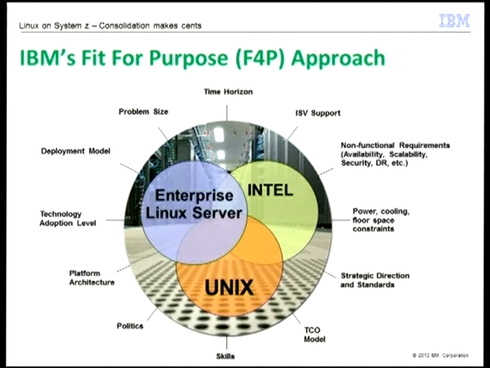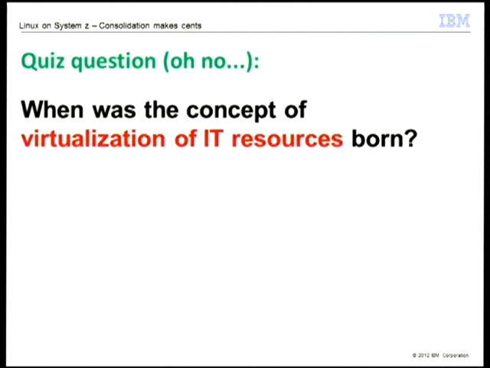IBM offers something we call the ELS, the Enterprise Linux Server, which is a Linux-only mainframe, much less expensive than a mainframe running the z/OS operating system or some other operating system from IBM. So that's the reason why I'm talking about that here.